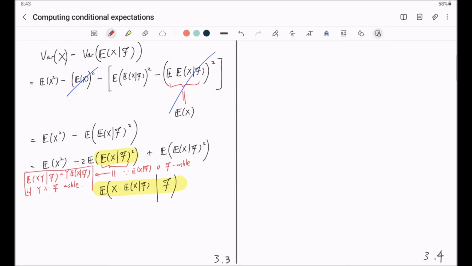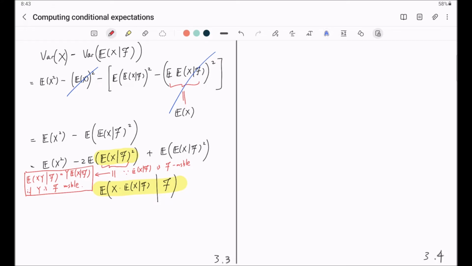We are using this property of conditional expectation. And of course, we are assuming everything here is integrable, so those notations should make sense.